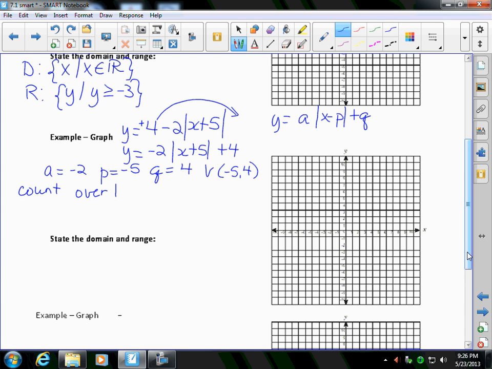It's going to be over 1, down 2, over 2, down 4, over 3, down 6. So whatever that a value is, you multiply it to your over value. So maybe I'll put a times over.